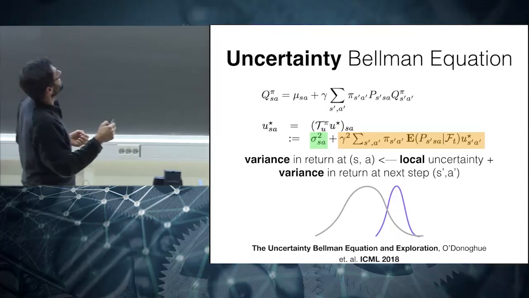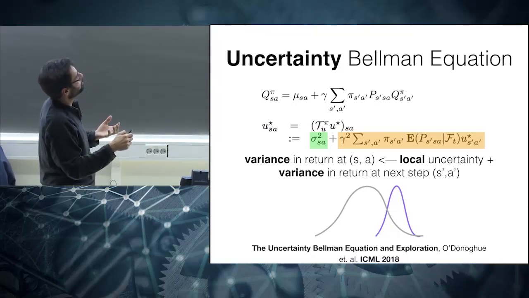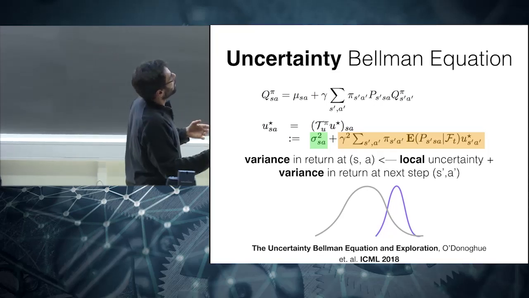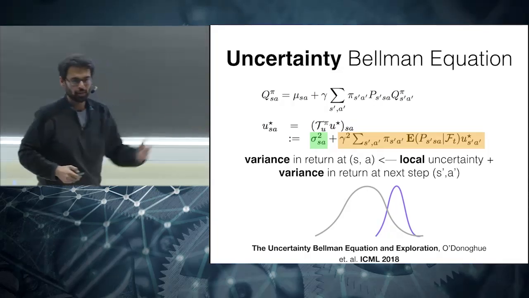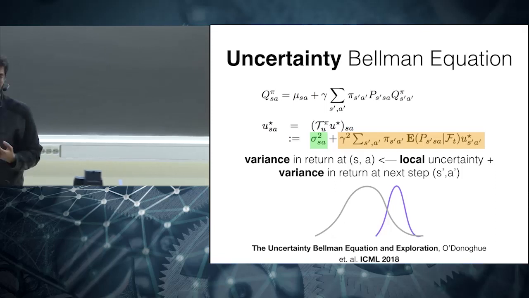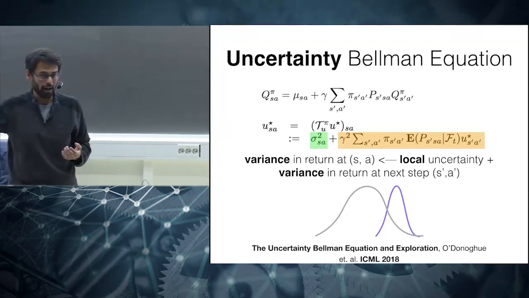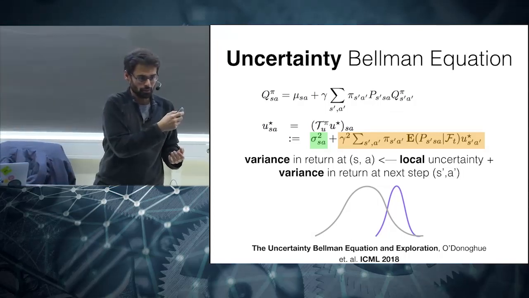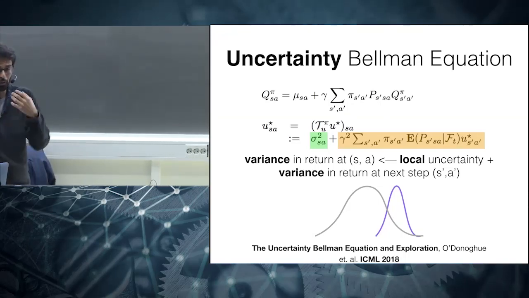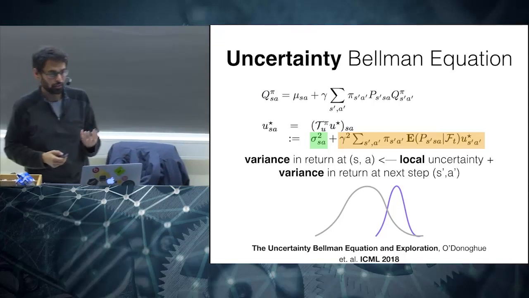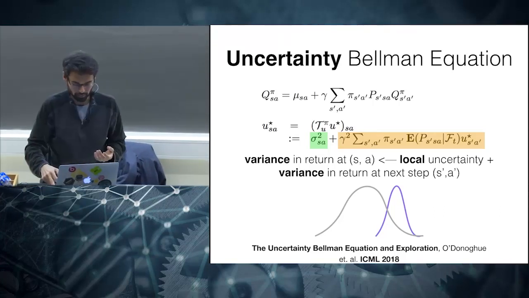So the uncertainty of the state is some local measure of uncertainty plus discounted uncertainty from that point onwards. So it helps with propagating uncertainty across the state space in a similar way as values get propagated in the state space. And so you can use that uncertainty estimate to drive exploration.